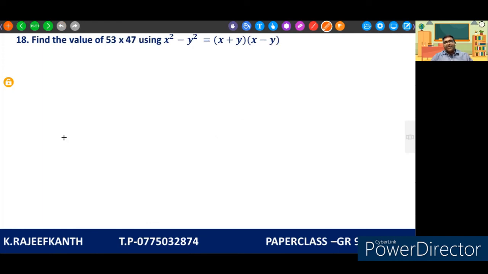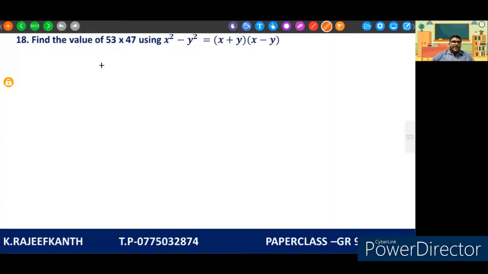Here find the value of 53 times 47 using x squared minus y squared is equal to x plus y into x minus y. So you have to find the value of 53 into 47 by using this x squared minus y squared is equal to x plus y times x minus y. Right, 53 times 47.